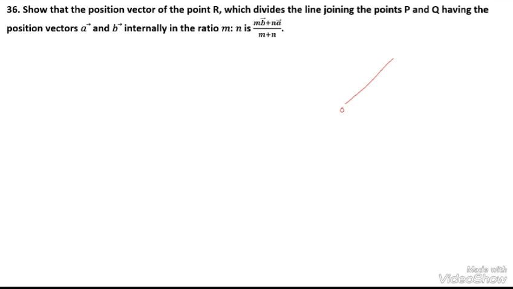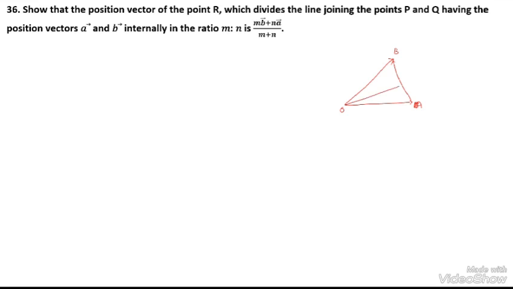This is the point O, and from this one there is a vector O to A. This is vector A and this is vector B. Now I can join A to B. Here the position of P and Q having the vector, it can cut internally.